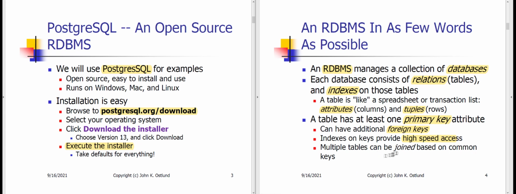Okay, so among other things, in addition to being able to create tables, add and remove tuples from tables, sort the tuples according to various attributes, etc., we can also join together different tables, assuming that those different tables have keys in common with each other.